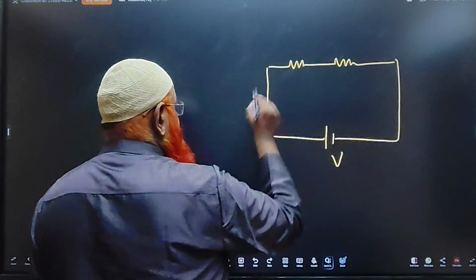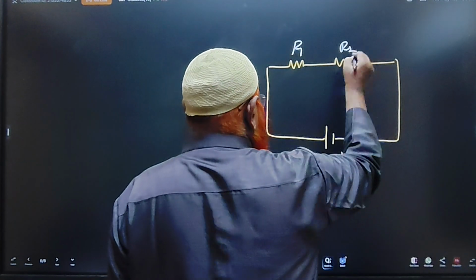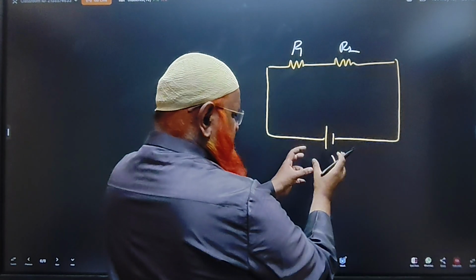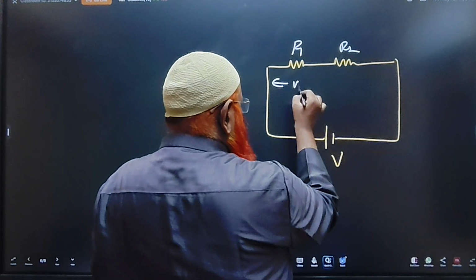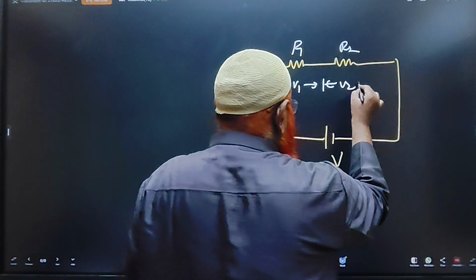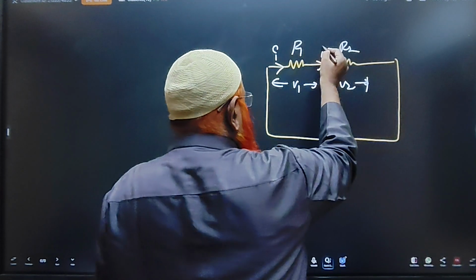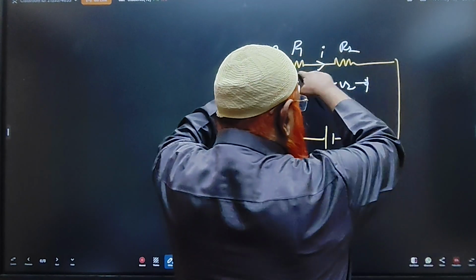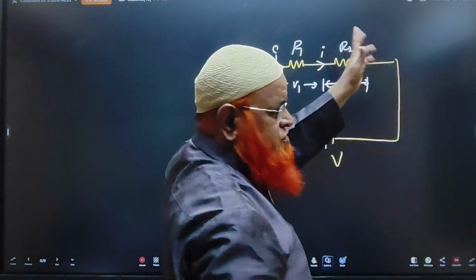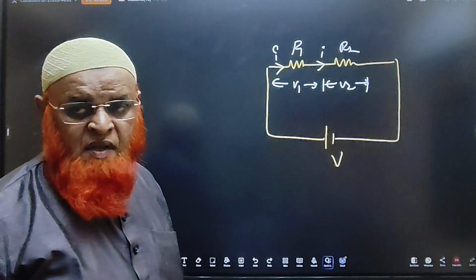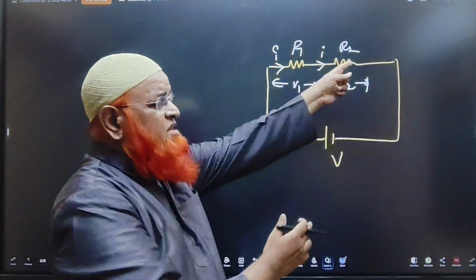This is R1 and this is R2. The potential which is present here gets divided, this is V1 and this is V2. As there is only one wire here, the same current flows. Here potential gets divided but current is the same.